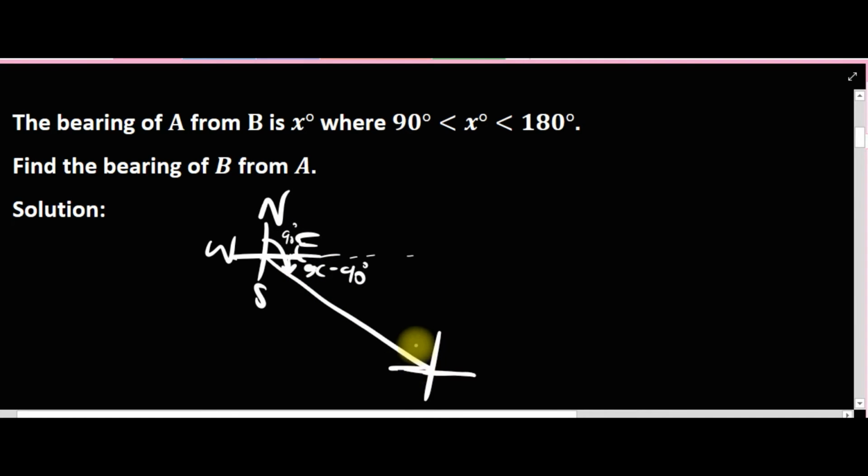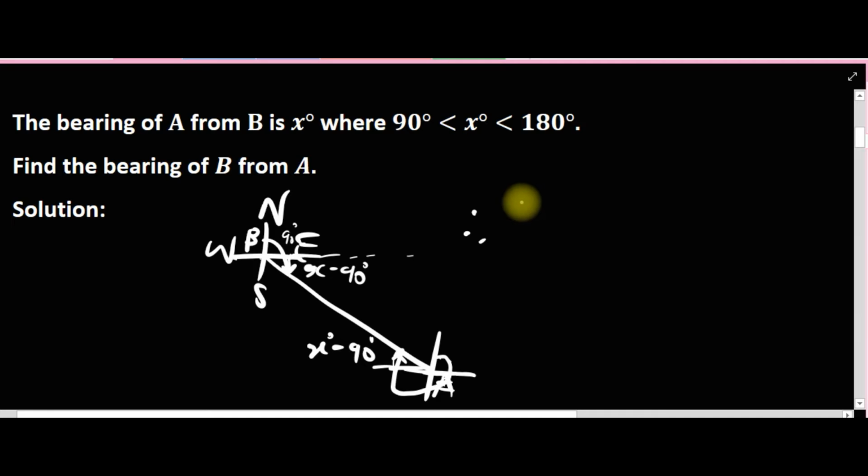We're now asked the bearing of B from A. So here is B, here is A. From A we move, and this is what we are looking for. We need to get this small angle. Using the alternate angle theorem, you know that here is x minus 90 degrees. What we are looking for is this total from here to here.